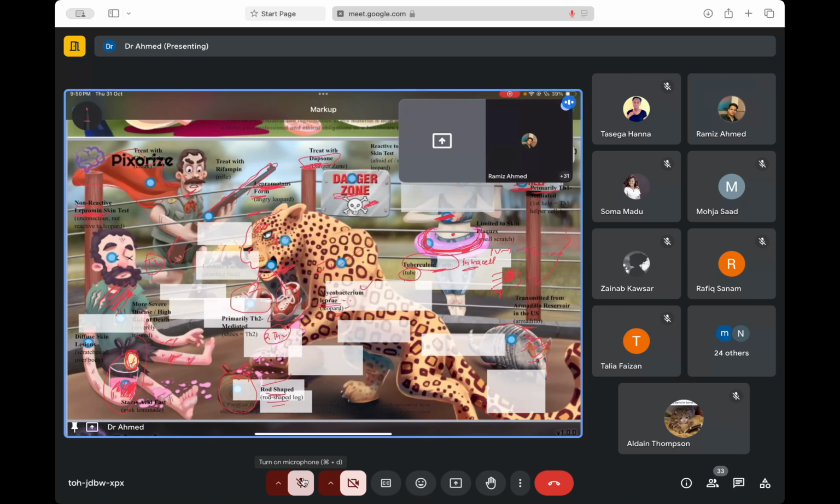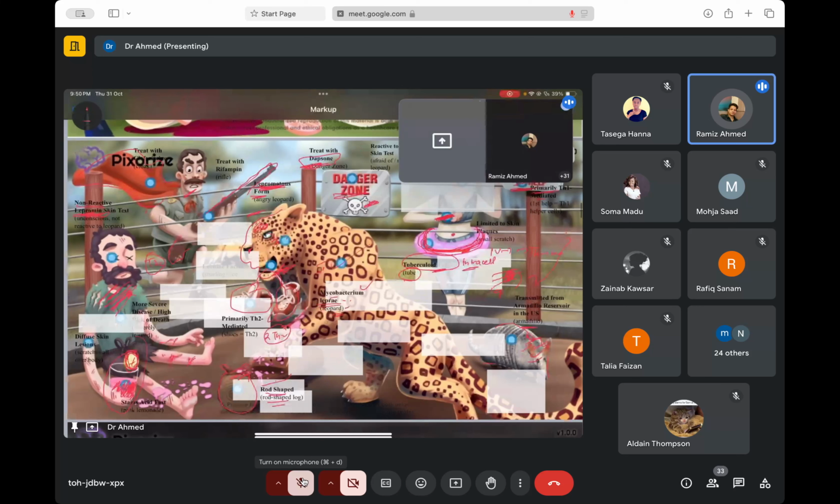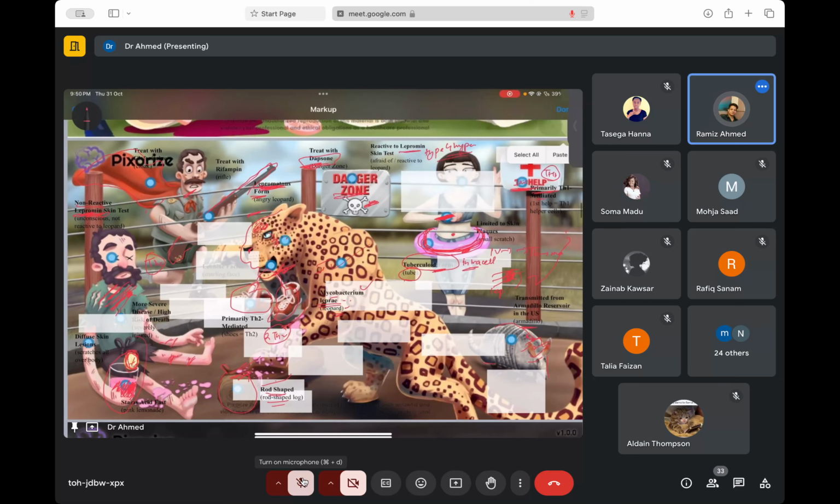So here we see a picture of a sanctuary, and there is an angry leopard, which suggests that we are talking about Mycobacterium leprae, and Mycobacterium leprae can be of two different forms. First of all is the tuberculoid form, where there are very mild skin plaques, very limited scratch.